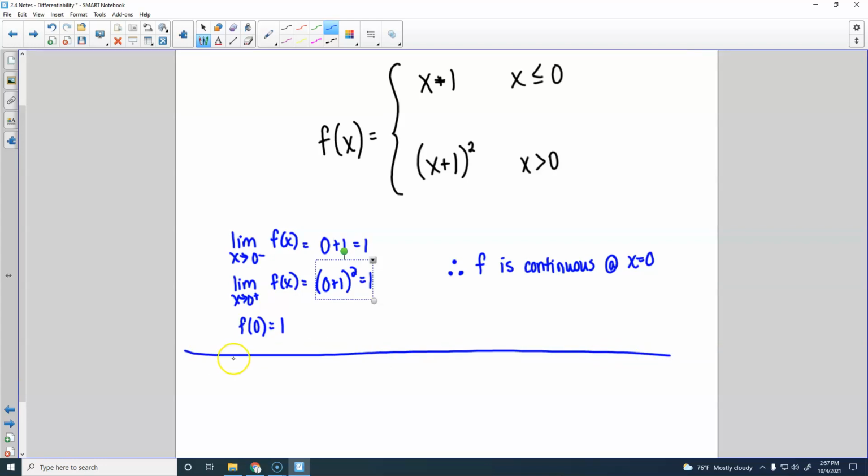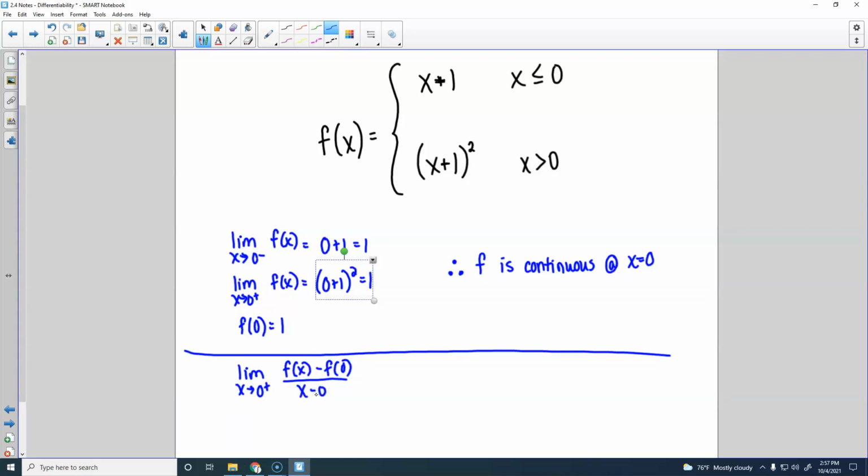For differentiability, I'm going to write this down again. The limit as x approaches, in this case 0, from the right of f of x minus f of 0 over x minus 0.